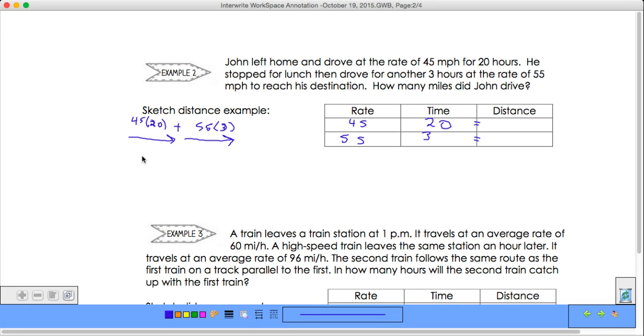And that gives me 900 and 165. So I have 900 plus 165 to get the total distance, which in this case is 1,065 miles.